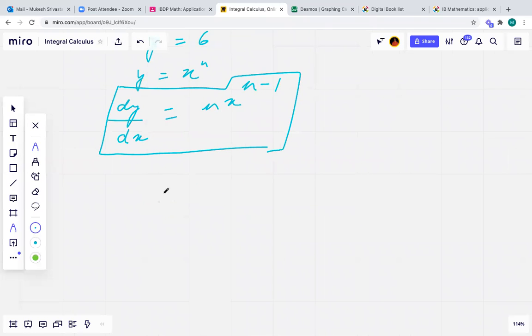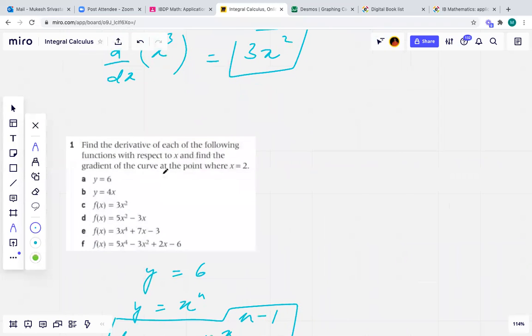So now when y equal to 6, what will be the derivative of y equal to 6? So it will be 6 times 1, to the power 5? No, no. If it is only 6, it's a constant, then 0.